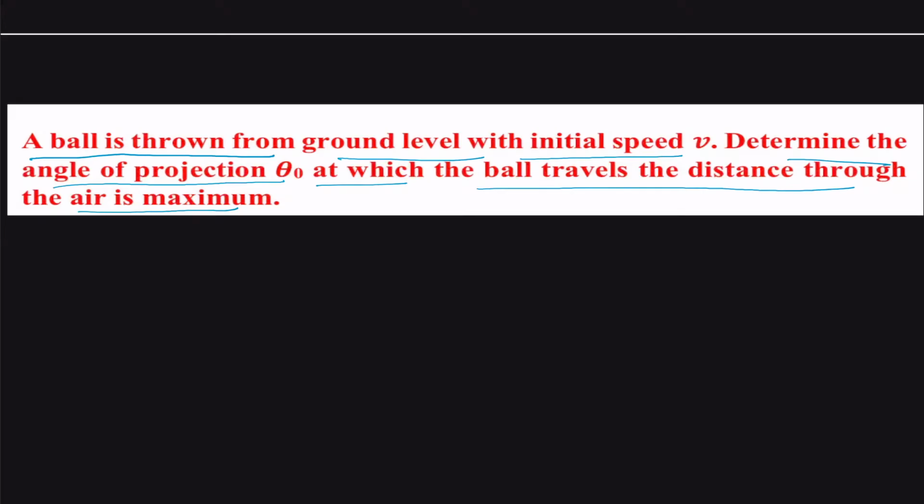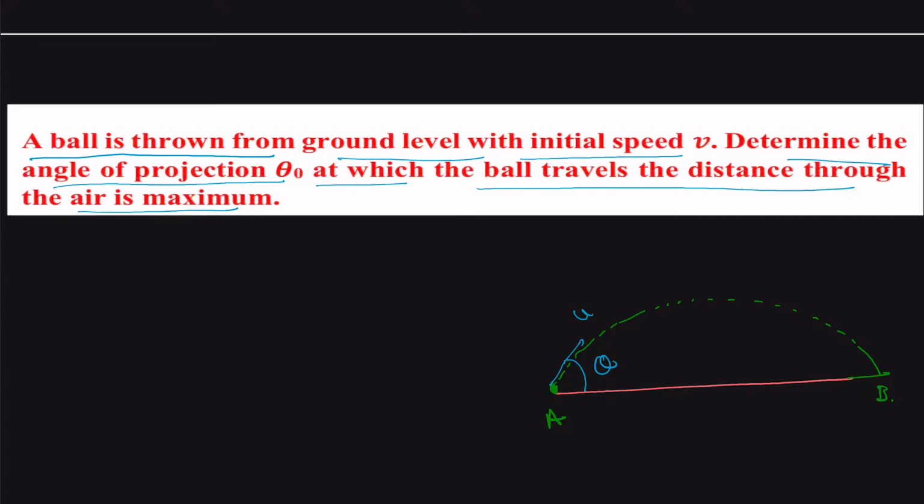So basically it means that if this is the level ground and the projectile is projected from point A, and this is the path taken by the projectile, and it meets at point B, and in the question it is given that its velocity is v at angle theta.